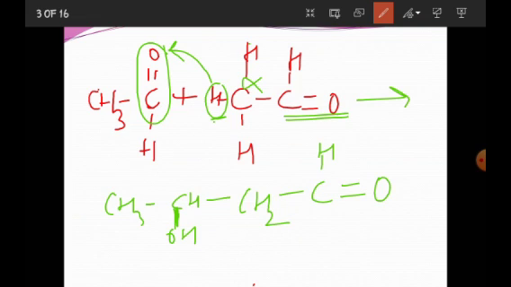What we have done is simply formed the condensed product by attaching this hydrogen in the form of OH, and the rest of the molecule is written as it is.